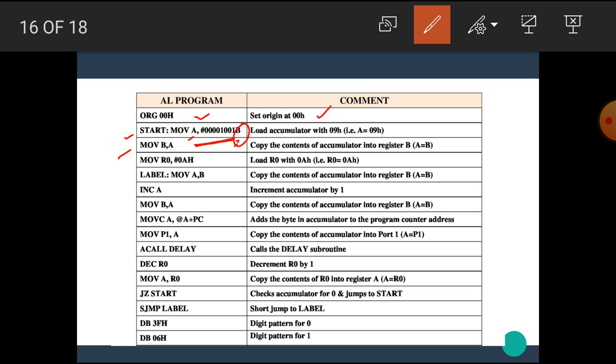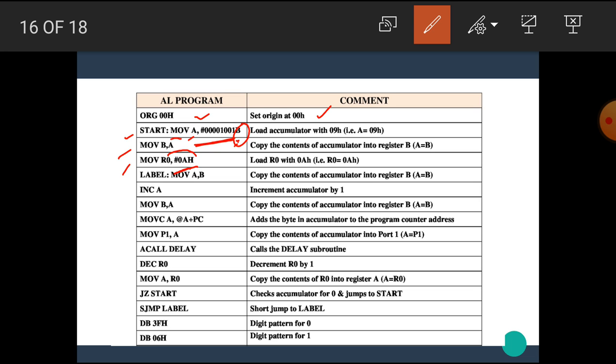The next instruction is MOV B, A, that means the value of A is loaded into register B. The next instruction is MOV R0, #0AH, that means the value 0A is now loaded into the R0 register.